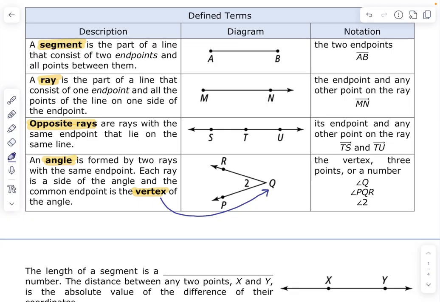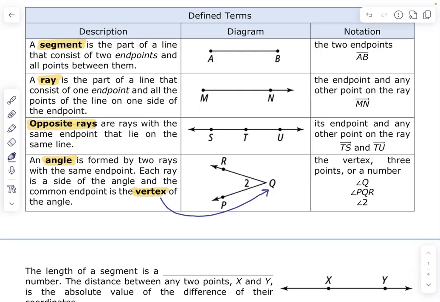Right. When we name an angle, we have 3 different options. The first is just by naming it based off the vertex, so we could have angle Q. The second would be using 3 points, and when we use these 3 points, the middle letter needs to be the vertex. So our example that's given is angle PQR. Right, we're following points P, Q, and R. However, we could also name this the opposite way.